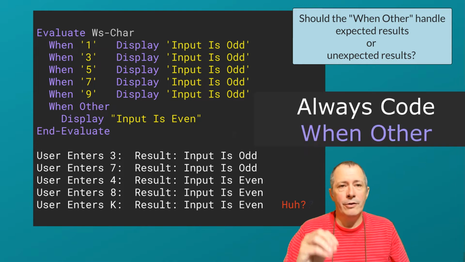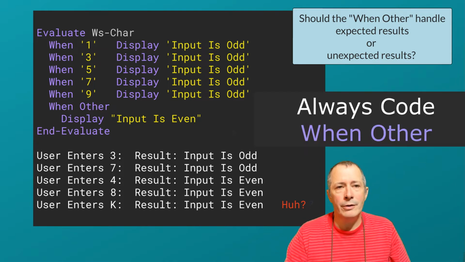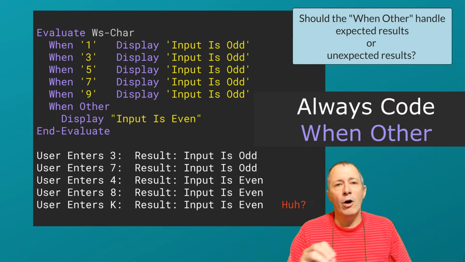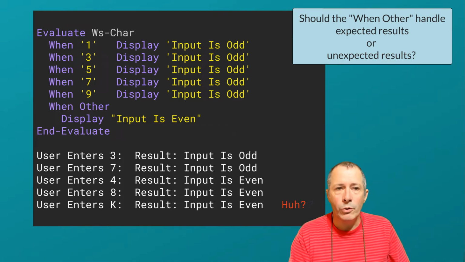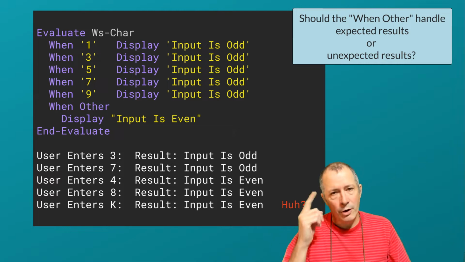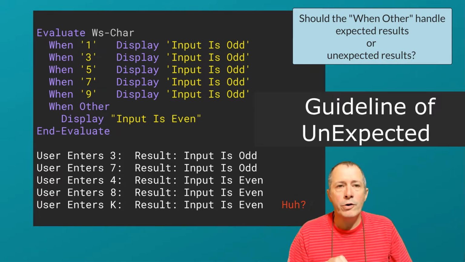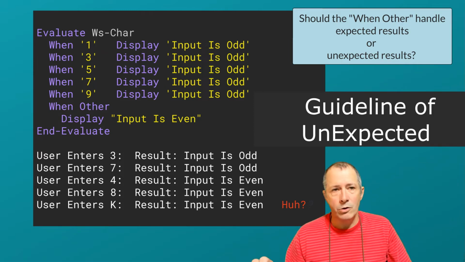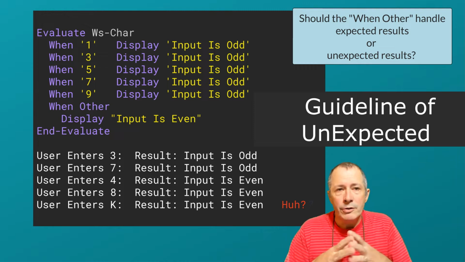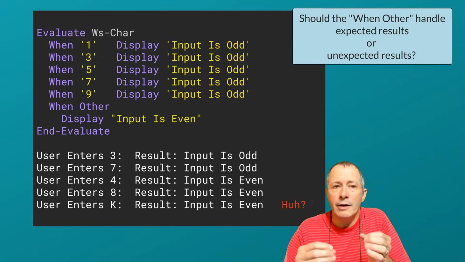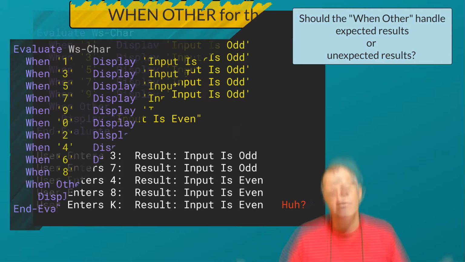I do tend to favor that it be a standard that the WHEN OTHER clause must be coded and not omitted. That way all programmers coming after the original coder of the EVALUATE statement know it's been considered. But I do not think it should be a hard standard that it can only be used to handle unexpected results. There might be situations where using a WHEN OTHER to handle an expected result is the ideal way to handle a coding situation.